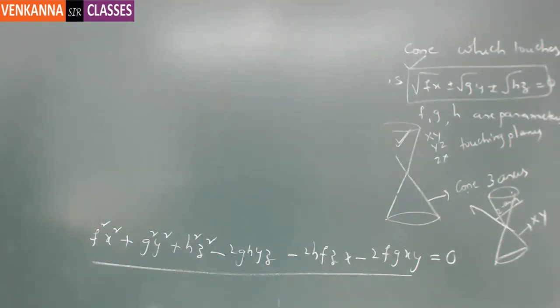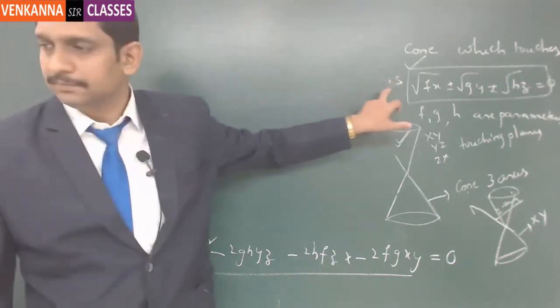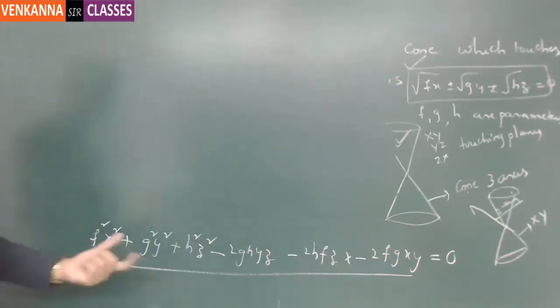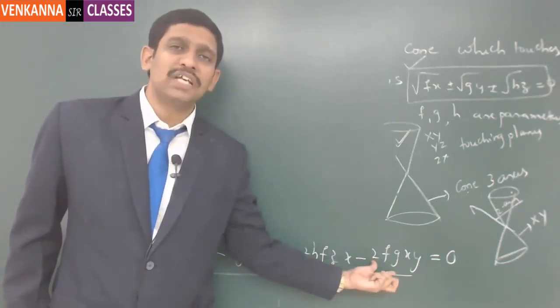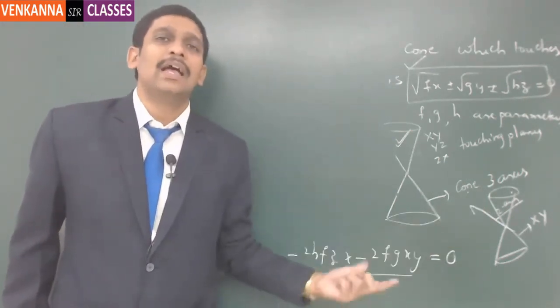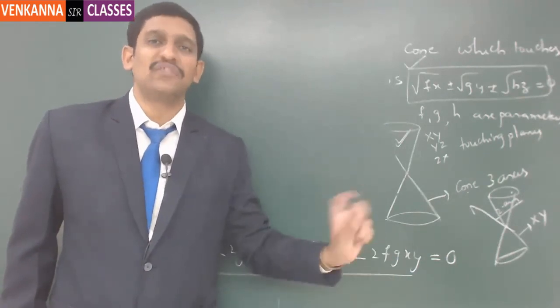My intention here is, by modifying the reciprocal cone equation, to convert this into this pattern. So here you take the minus 2fgxy to the right hand side and again add 2fgxy.